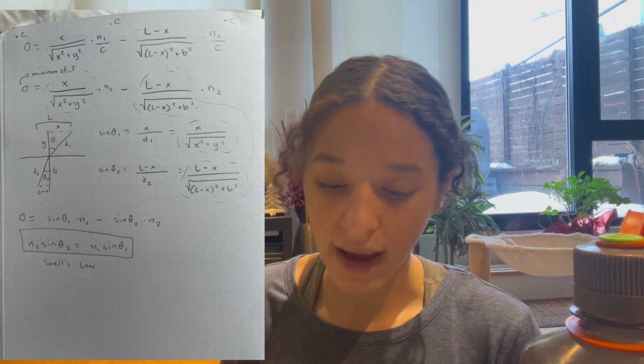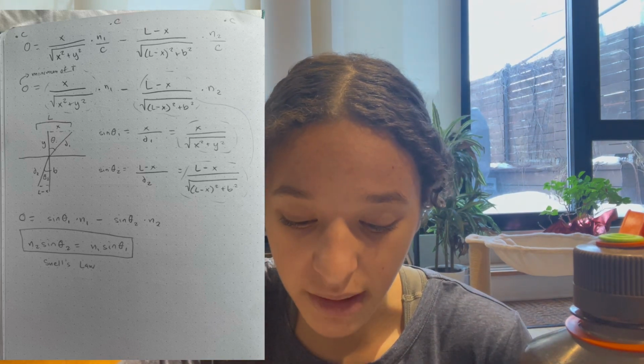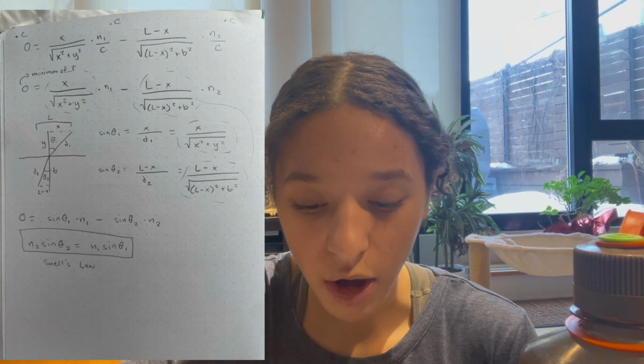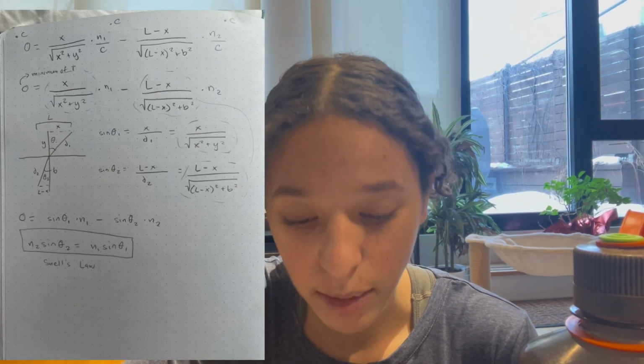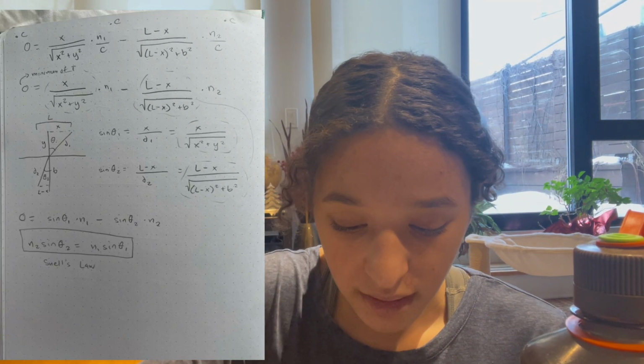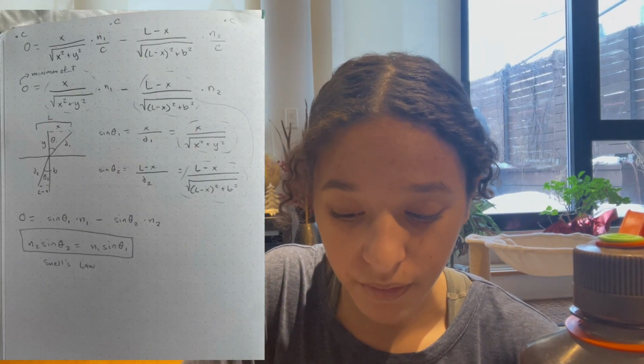If you look at theta 1, it's opposite over hypotenuse. Opposite was x, and hypotenuse was d1, which is just the square root of x squared plus y squared. So this can be abbreviated: 0 is equal to sine theta 1.